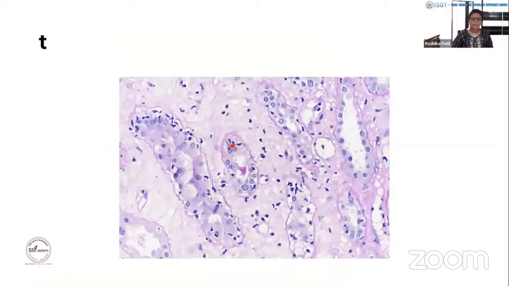These mononuclear cells have smaller, darker nuclei and a perinuclear halo. These nuclei are smaller and darker as compared to tubular epithelial cells. It is graded as mild, moderate, and severe. Mild is when 1 to 4 mononuclear cells are seen inside the tubular basement membranes. 5 to 10 is moderate, and more than 10 is marked or severe tubulitis.